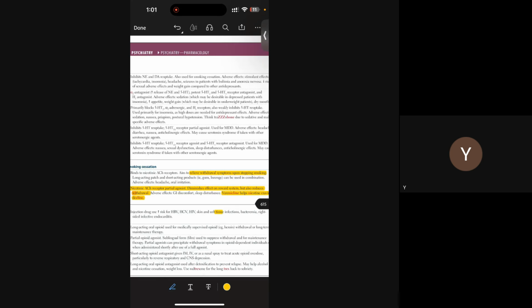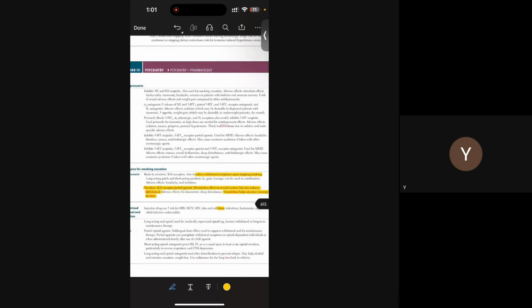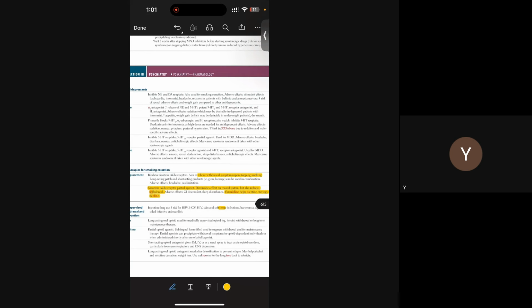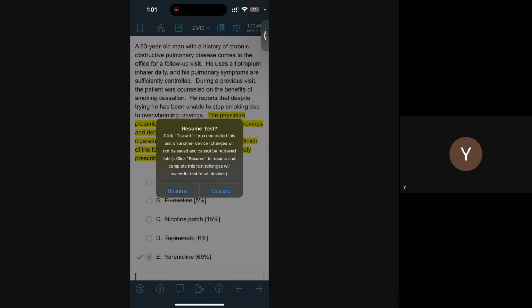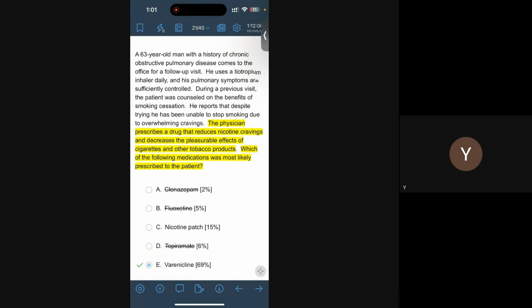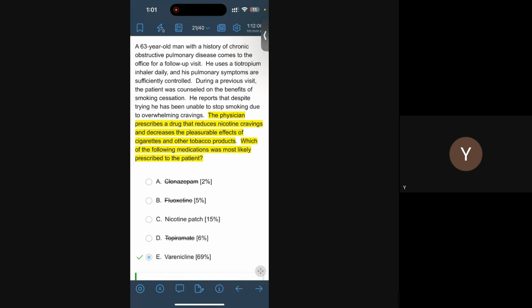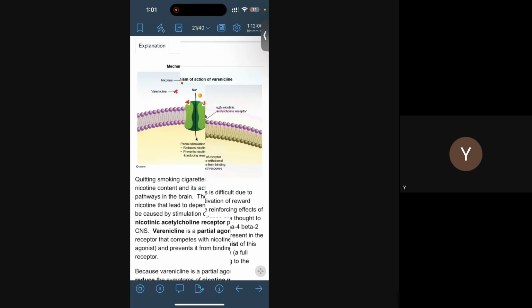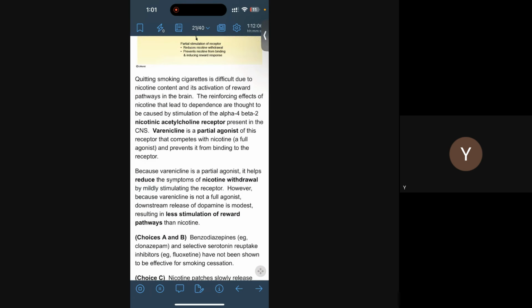It is reducing the nicotine cravings. The other one is nicotine. Varenicline is not nicotine. Partial agonist. Thank you. That's why I said to read this line very carefully, because most people get confused between the nicotine patch and varenicline.